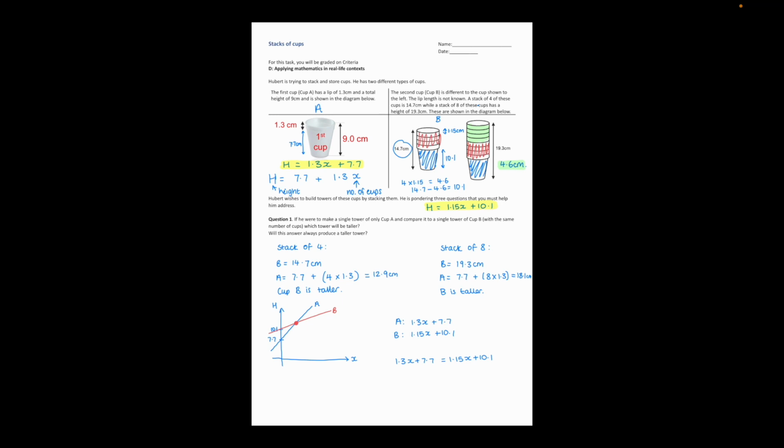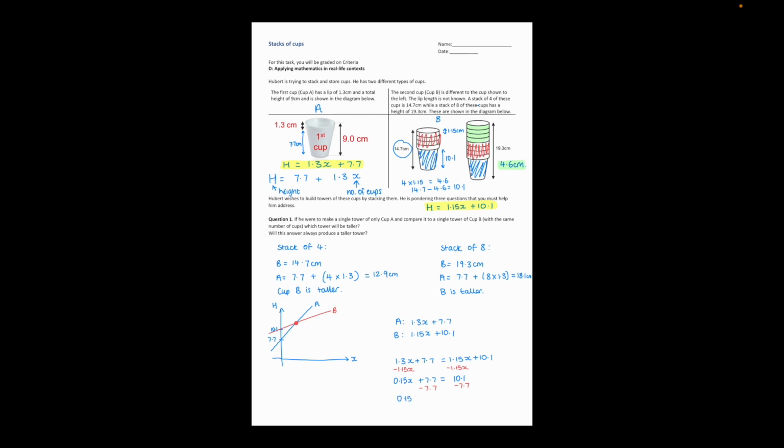So to start off with, we're going to take off the smallest value of x. So I'm going to subtract here 1.15x from both sides. So I've now got 1.3 minus 1.15, which is going to be 0.15x plus 7.7 is equal to 10.1. So now I'm going to subtract 7.7 from both sides of my equation.